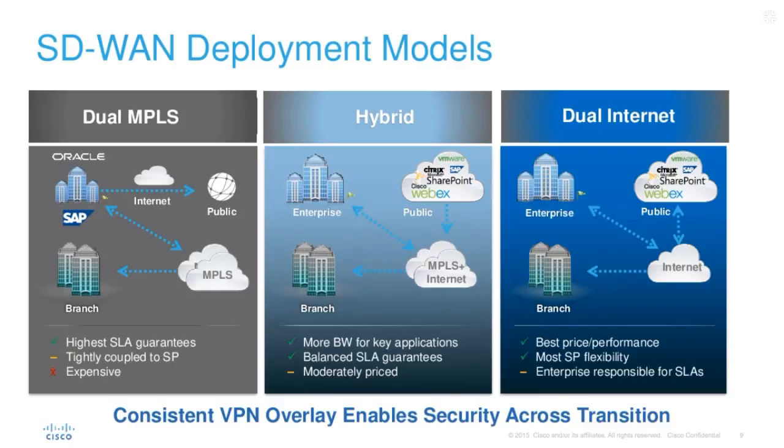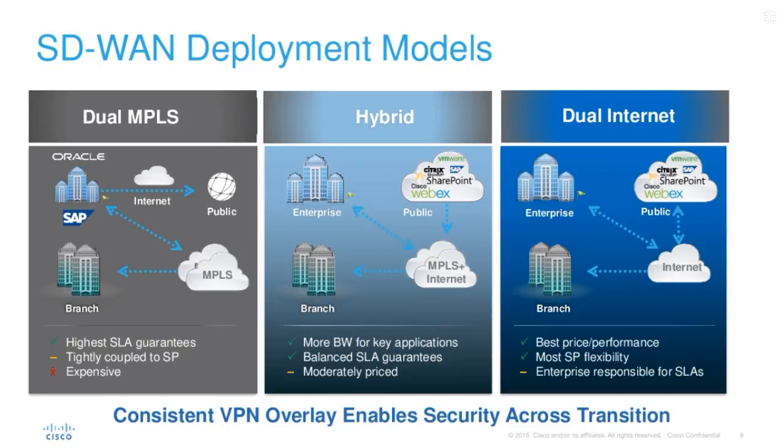Okay? And usually the way this is deployed is one of these three models, and this is what we're seeing out there in the real world. The customers that want to stay with MPLS only, a lot of times they have two, maybe three. I've seen even more MPLS providers, depending on the customer, and they'll use this technology to combine those carrier networks into one SD-WAN and route traffic over both of them simultaneously, running one overlay VPN and one routing protocol.